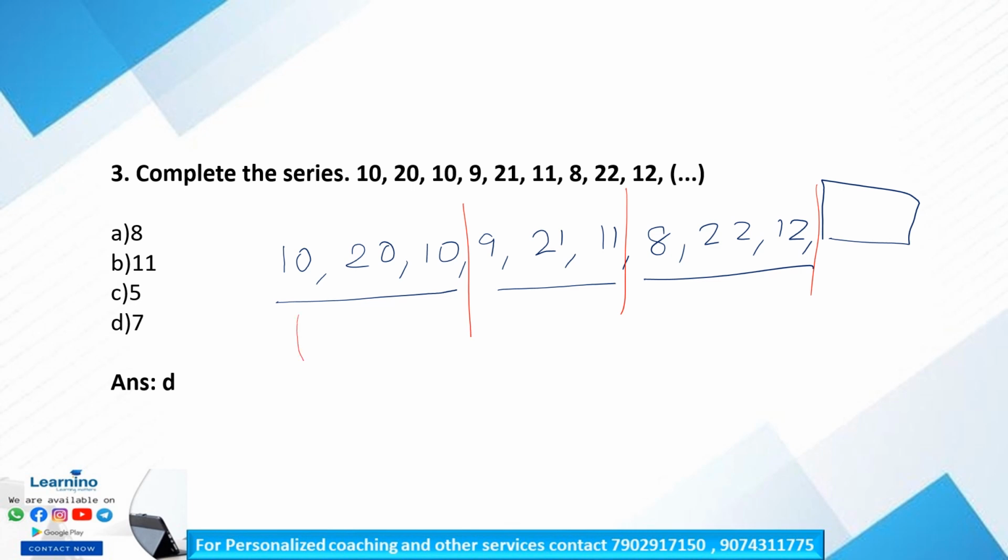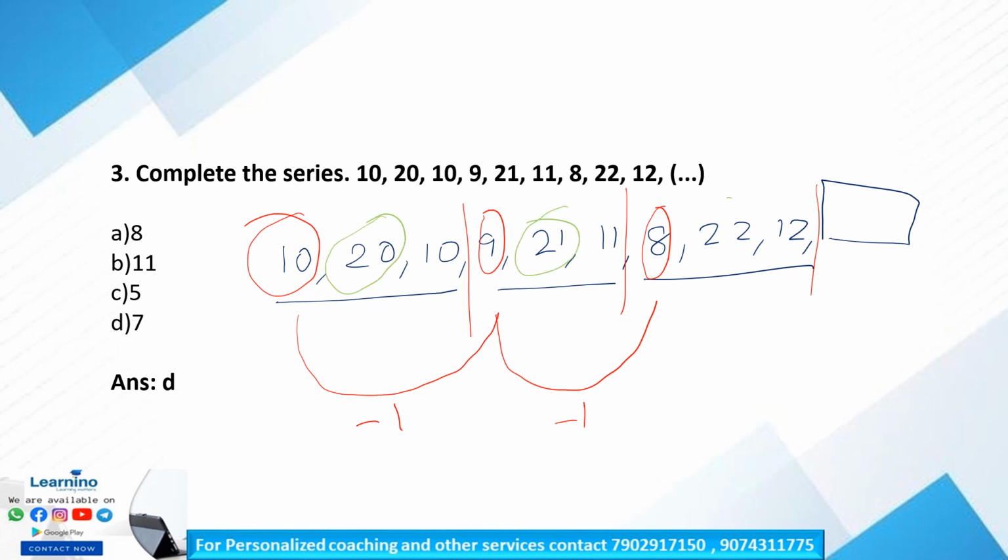In each part, let us consider the first numbers only. So this is 10, this is 9, and this is 8. 10 minus 1 is 9, 9 minus 1 is 8. So by considering the first number of each group, we can find that it follows the pattern of minus 1, minus 1. Let us consider the second number of each group, that is 20, 21, 22.